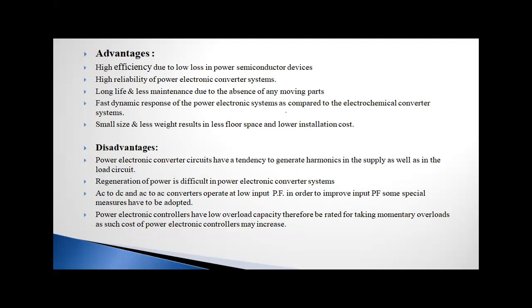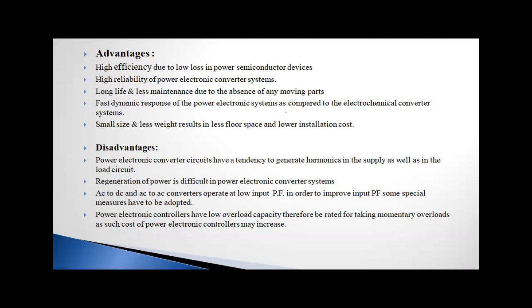Next one, fast dynamic response of power electronic systems. Obviously, as soon as the signal is received, it turns on immediately. The time response of the power semiconductor device is very fast. Next one, small size, less weight, less floor space required and lower installation cost.